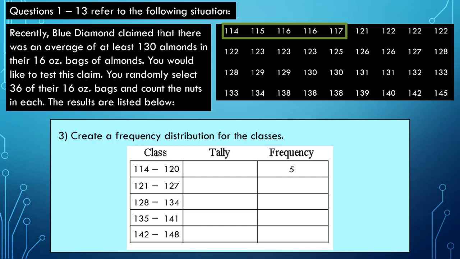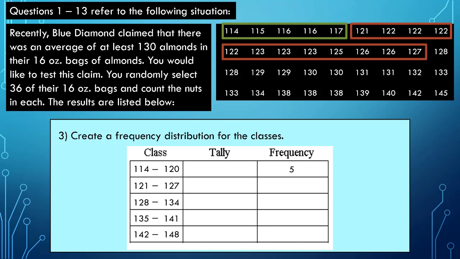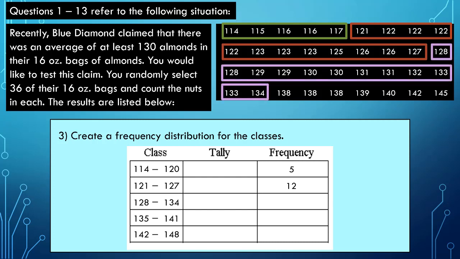How about from 121 to 127? Well, 121 to 127, that's a lot more data than we had from 114 to 120. It's all of those: the 121s, 122s, the 123s, 125s, 126, and 127. That's actually 12 individual entries. To go from 128 to 134, a lot of entries, also 12 actually.